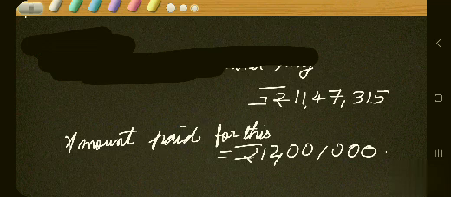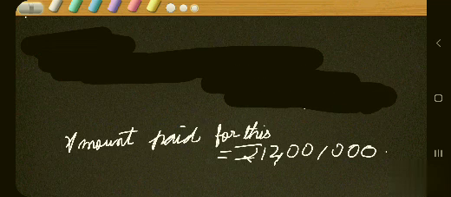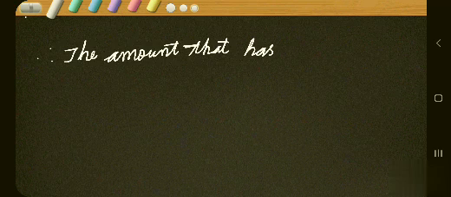The amount that has to be given back is equal to, final step is, therefore, have you understood? Okay, yes, write down. Therefore, the amount that has to be given back.